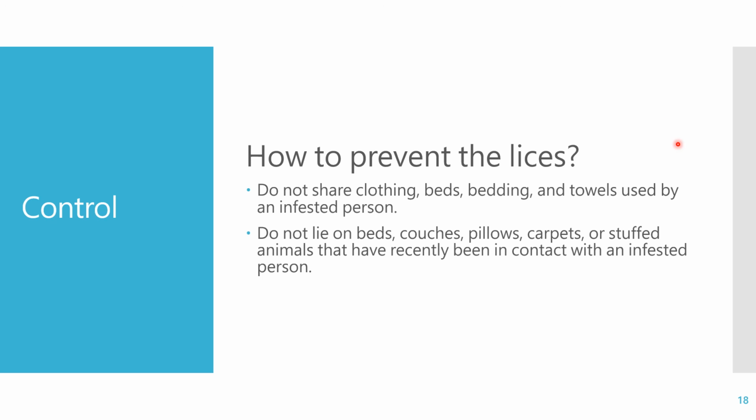Do not share clothing, beds, bedding, and towels used by an infested person. Do not lie on beds, couches, pillows, carpet, or stuffed animals that have recently been in contact with an infested person. If you really need to contact those belongings, maybe clean them first.